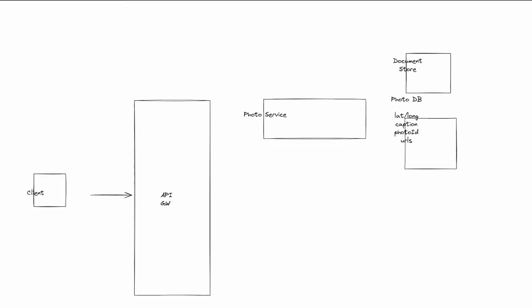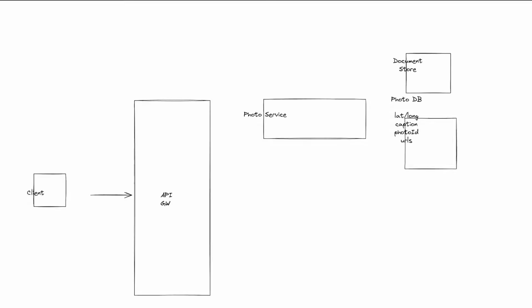Okay. So I guess what I take here is the photo DB, some relational database that has the photos. The blob itself is where it will be stored in the document store. Yeah. Okay, got it.